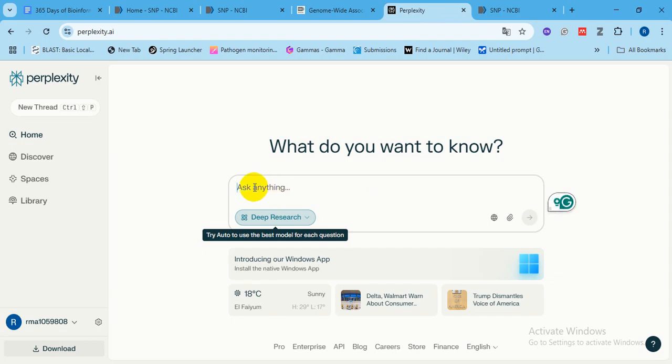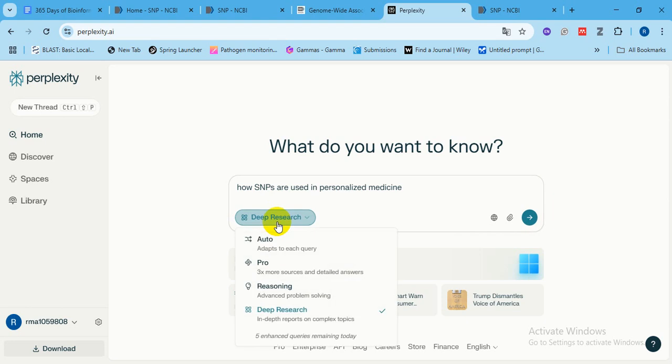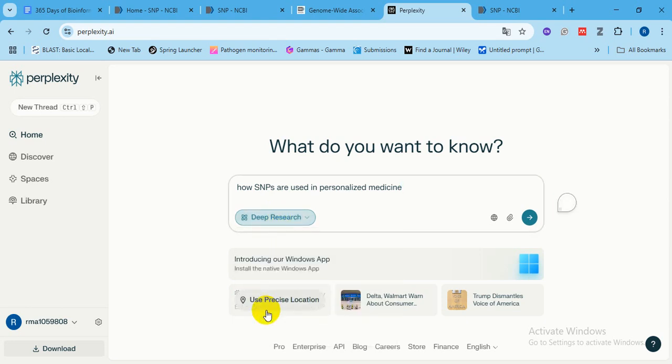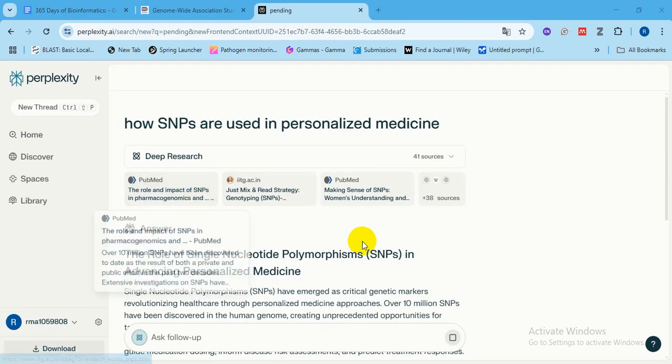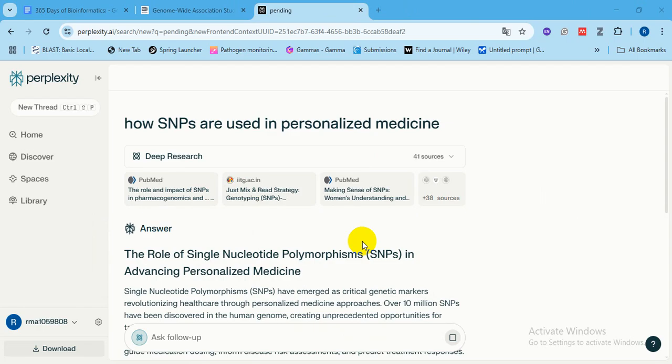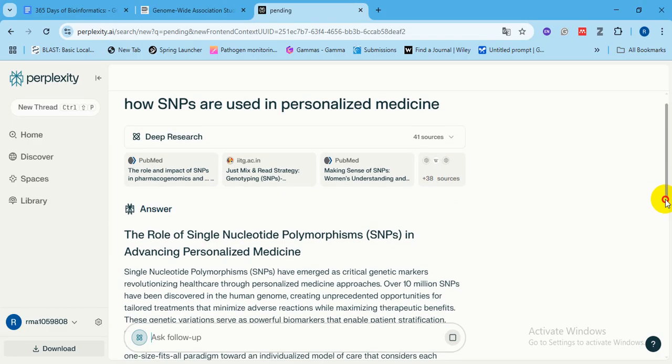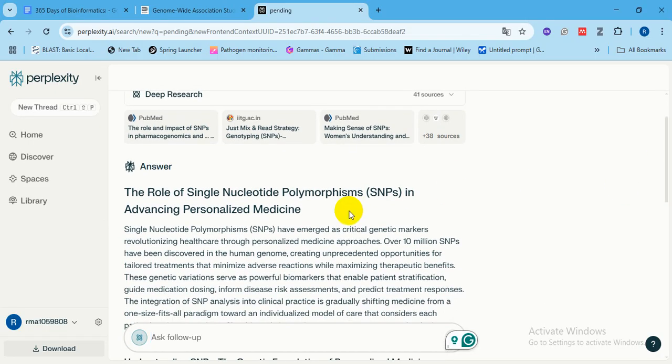I will give it the question and search. I used the deep search, so it takes a lot of time. You can use whatever you are interested in. So I have a report about the role of single nucleotide polymorphism in advancing personalized medicine. I can read what I am interested in.